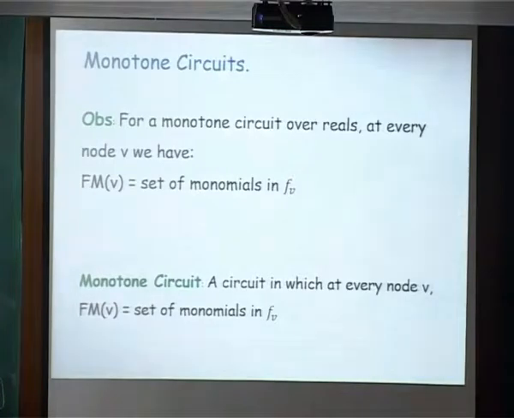Intuitively, a monotone circuit cannot have any cancellation, so if you were to produce any other monomial, you could not cancel it off. So it has to be exactly equal. So let's define a monotone circuit like this. It's a circuit in which at every node, the formal set of monomials at that node is exactly the set of monomials in the polynomial computed at that node.